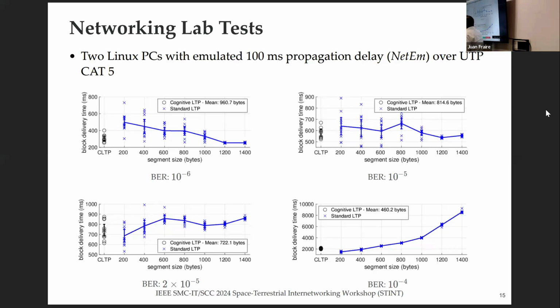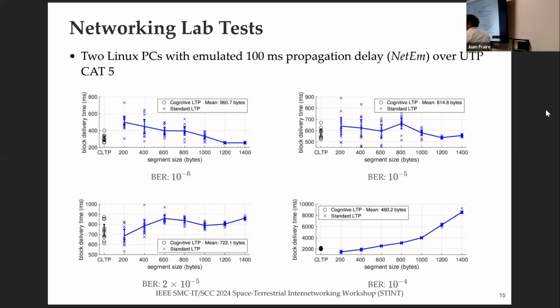So here we do report four different bit error rates. What we see in blue are the results that were obtained by fixing the segment size to whatever value is given on the x-axis, right? A bit error rate of 10 to the minus 6 implies a very good channel in general. And we see that by using larger segments, we achieve a lower delivery delay.